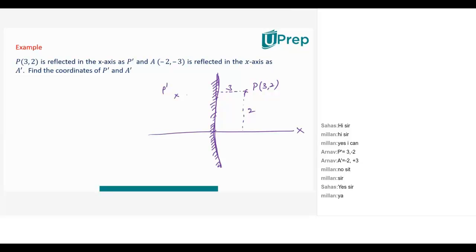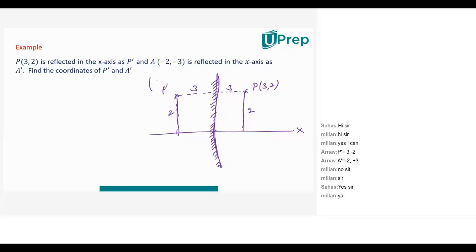The property says this distance also must be 3 units and this height should be the same as that height, 2 units. So now what should be the name of this point P dash? If the y-axis is the mirror, what should be the coordinates of P dash now?